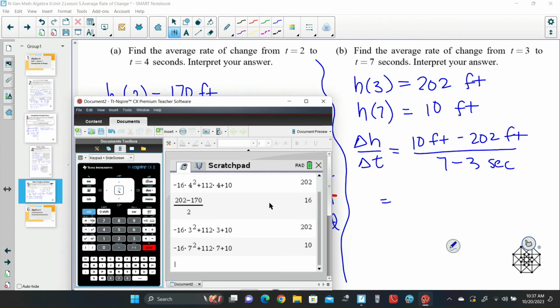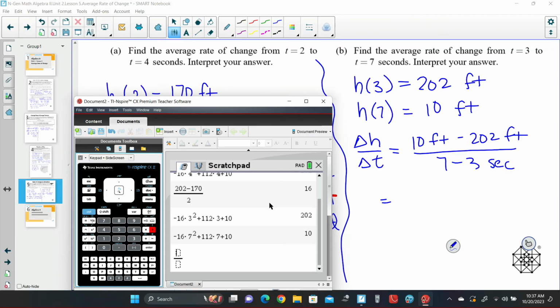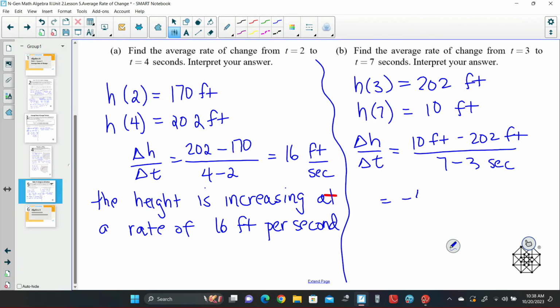So let's now throw that in. We've got 10 minus 202, all divided by 7 minus 3, and that's negative 48 feet per second.